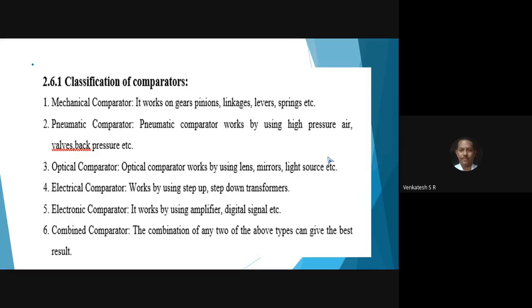The name indicates pneumatic, compressed air used for comparison of dimension with the standard. Here, the pressure may be 500 kg per millimeter square to 40,000 kg per millimeter square. Imagine 40,000 kg per millimeter square.